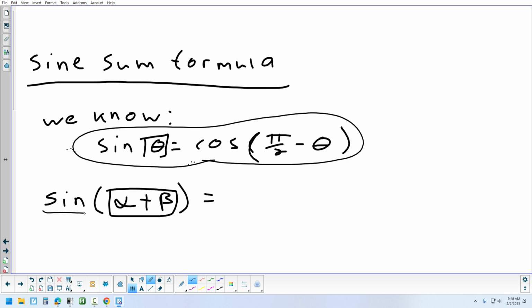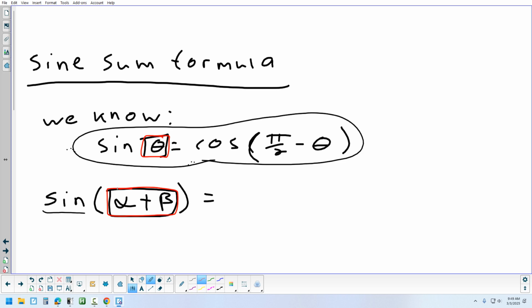All right, so anybody see how we can rewrite what's on the left there? I'm going to give you a hint. We don't have sine of alpha or sine of theta. We have sine of this.